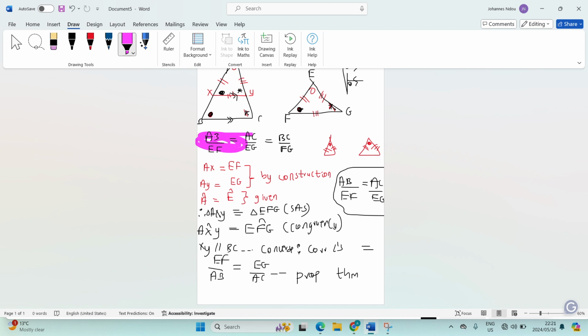So in other words, you have proved that that is true, okay? And as long as you can prove that two are true, then the third one will also be correct. So AB over EF is equal to AC over EG. And in short, this is how you can prove similarity of triangles. Thank you for watching.